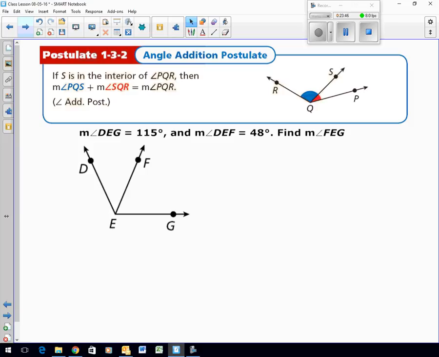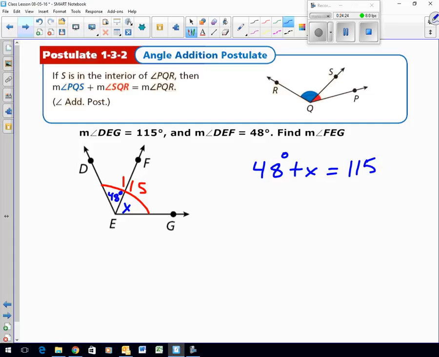In their example, it says the big angle DEG, the entire angle. So watch how I do this. The whole angle is 115 degrees. DEG is 115. DEF is 48. All right. Very simple, right? How could I find the measure of FEG? Subtract it, right? They, again, would want us to say, okay, this is X. How do we find X?